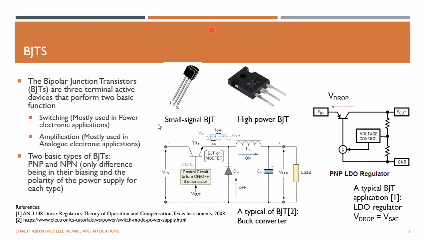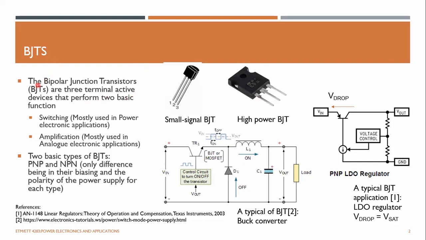Even though you might have covered a few of these concepts of BJTs and MOSFETs in your first year lectures, this lecture is more focused on power electronic applications, not small signal amplification uses of BJTs. So keep your eyes open and see the real applications of BJTs in power electronics.